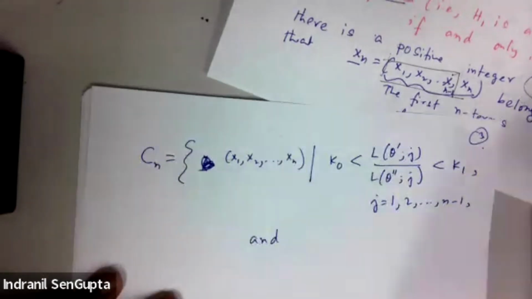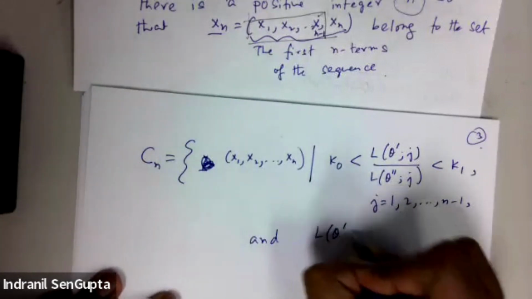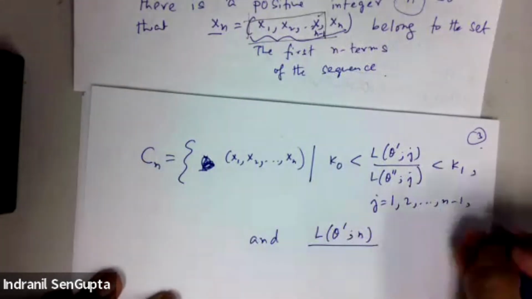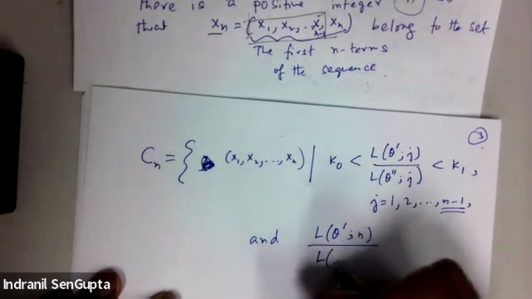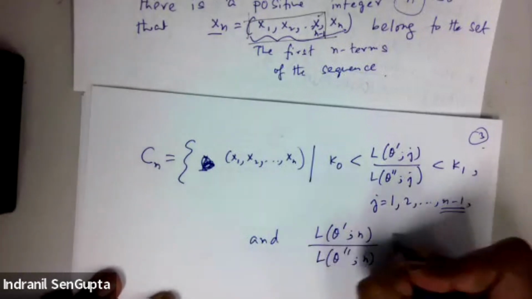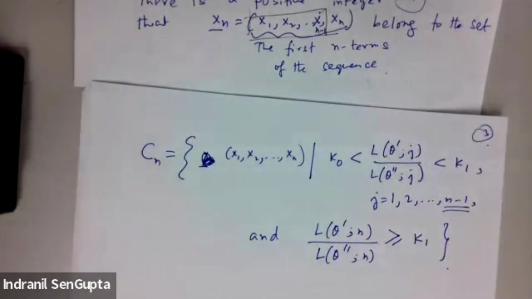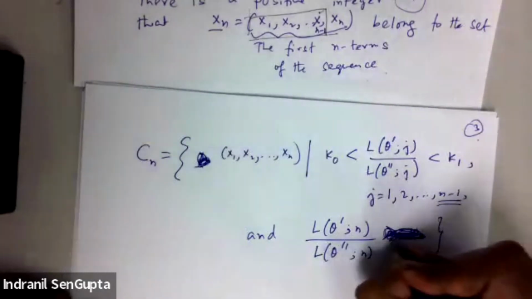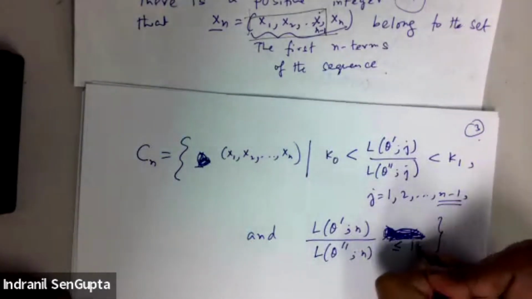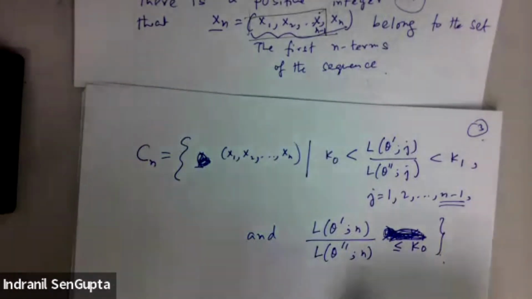And L of theta prime comma n over L of theta double prime comma n for the nth one, after n minus 1, is less than or equal to K0. This is what we call the set.